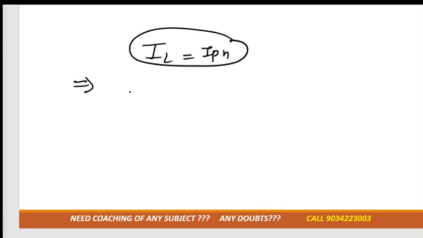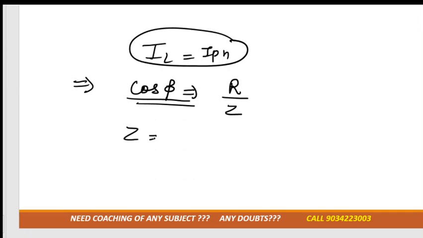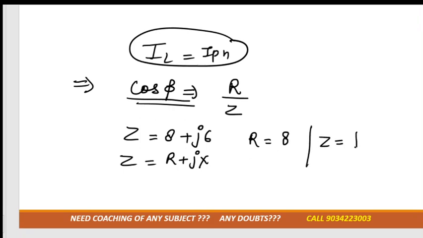Next they are asking for the power factor. Power factor is cos phi, right? Cos phi is how much? That is R divided by Z. Z they have given, that is 8 plus J6. So Z is in the form of R plus JXL. If we compare, then R value would be 8 and Z would be root of 8 square plus 6 square, right?